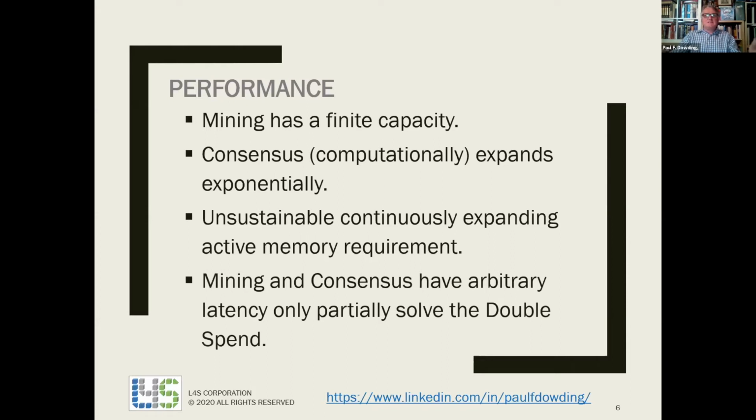It takes a little time, 10 minutes in Bitcoin, but minimally, it could be an hour if you're waiting for 6 blocks, but if there's a backlog, it could be longer. Voting can take a few minutes or a few hours, depending on where your transaction is, and that causes a problem. And the reason I say they only partially solve the double spend is because although they prevent an amount from being spent twice, of the two transactions, one or neither is selected arbitrarily, and they do exist for a period of time.